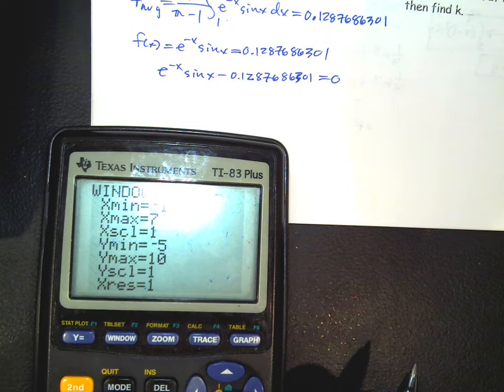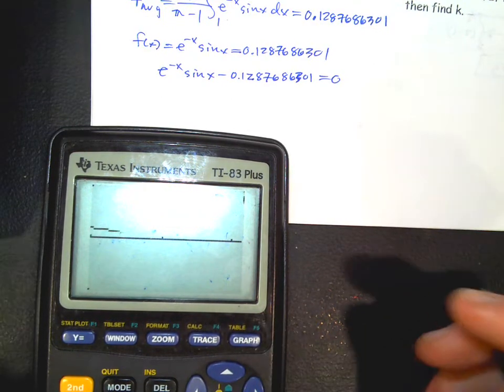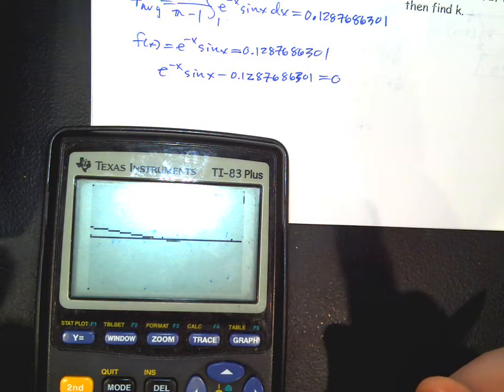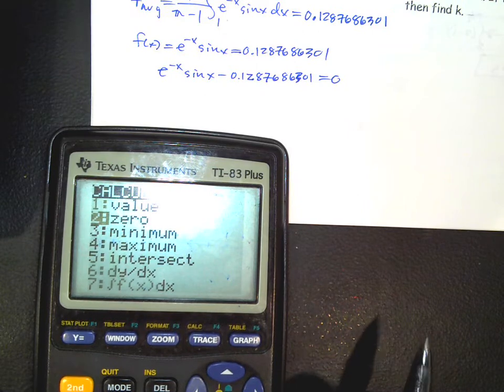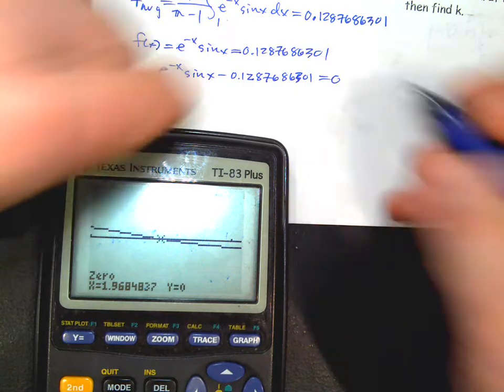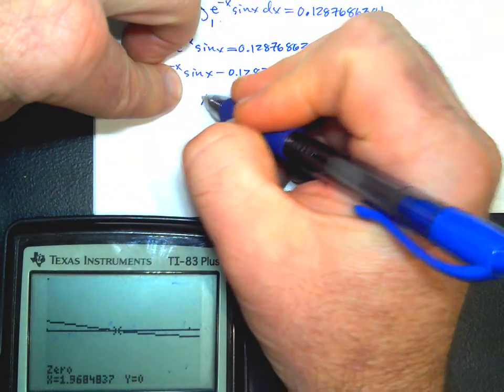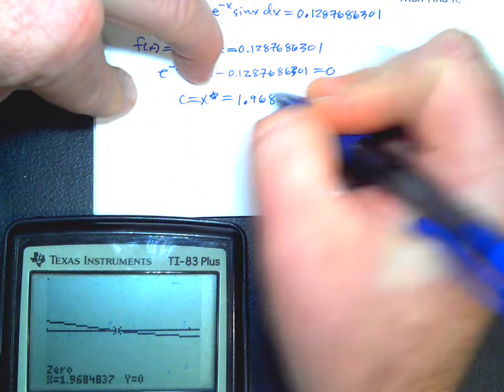I'm going to go to window. I expect it to be between 1 and pi. And I just want to see the x-intercepts. We're guaranteed to at least get one value. We could get more. It looks like it's right there. So second trace, 0. Looks like it is between 1 and pi. So 1.5 and 2.5, guess 2. And we get x star, which is like the c value, equals 1.968.